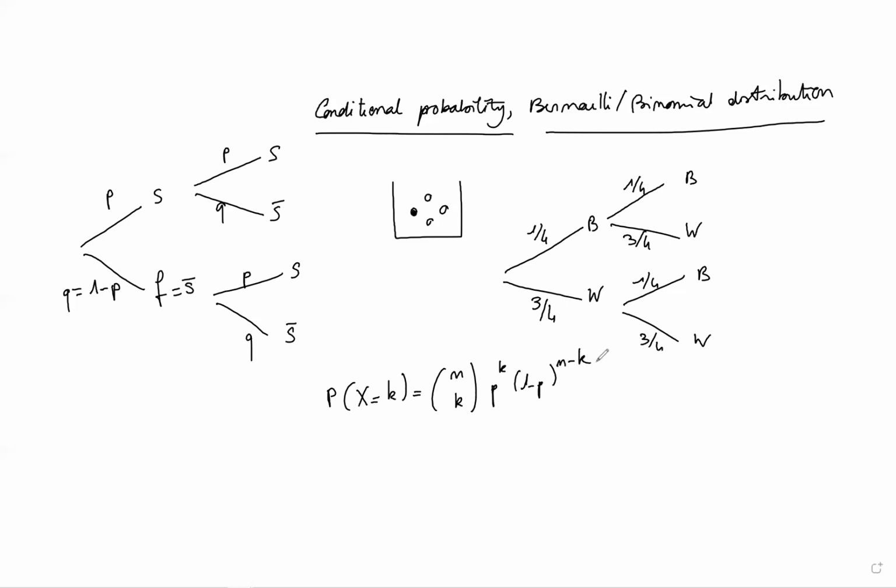Now, what are these letters? P, the little P here, you know it. It's the probability of success if you play once.